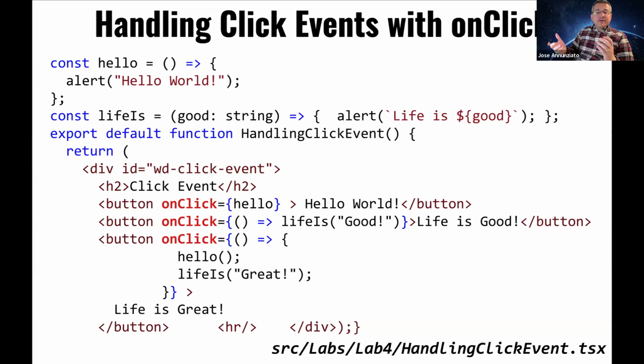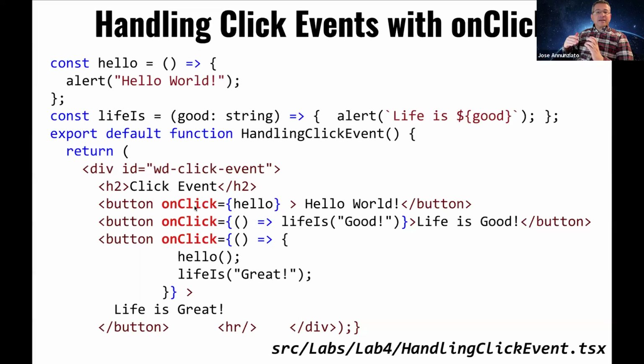First of all, let's talk about handling the simplest of events, which is just clicking, moving your mouse and clicking on the screen or on any element. That can be done using the onClick attribute.